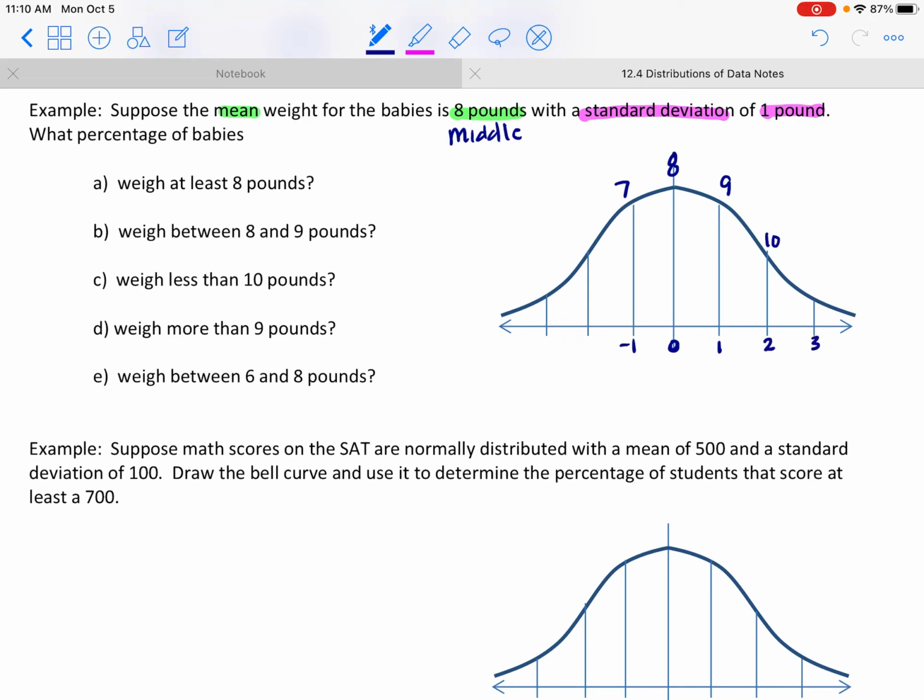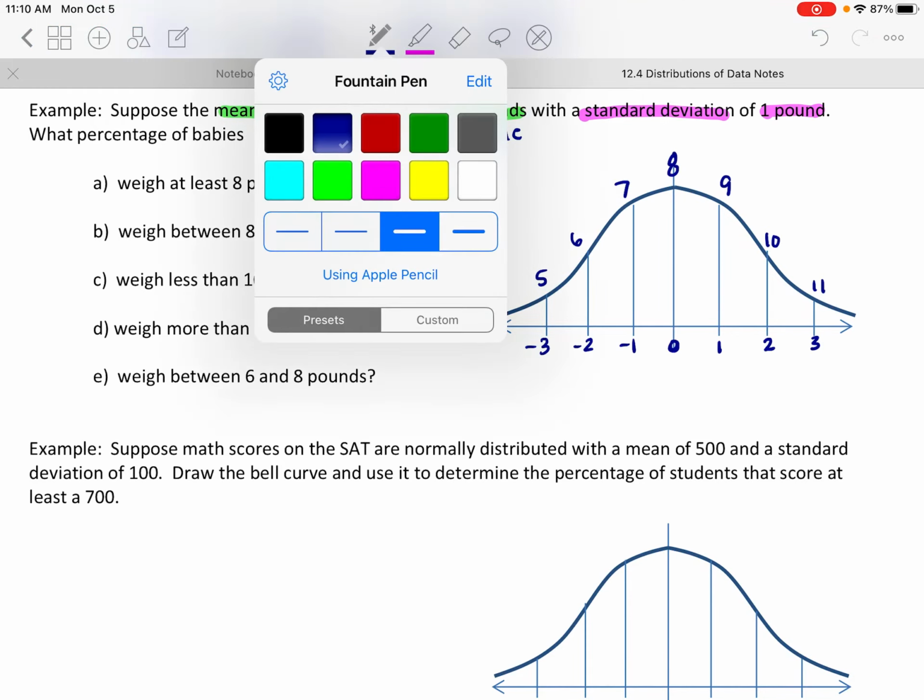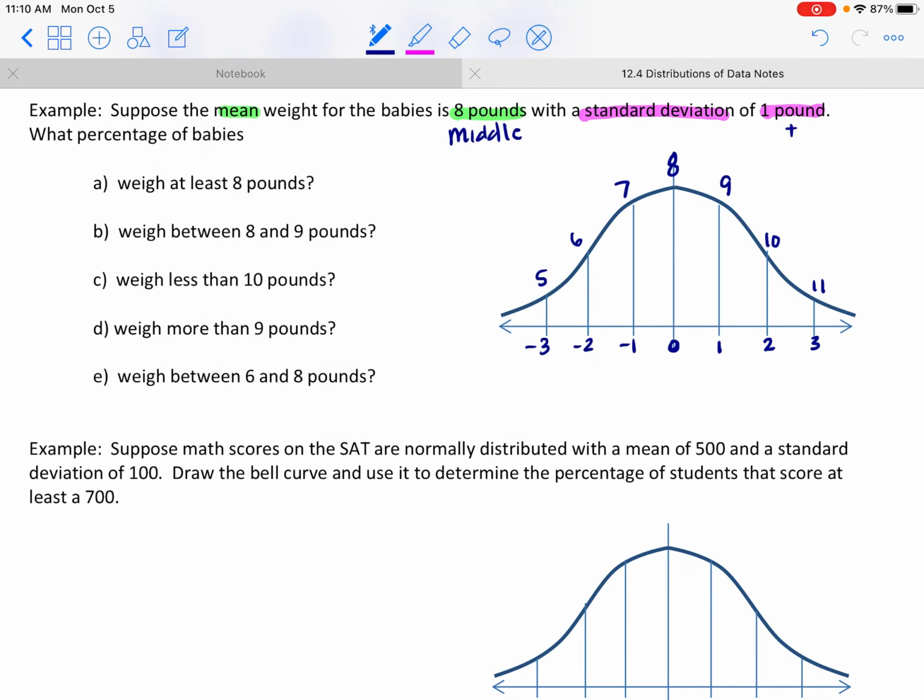If I added it a third time, I'd get to 11. If I subtracted it a second time and a third time, then I'd be to 6 and then 5. So we're going up and down by 1. Okay? Now, according to the empirical rule, we said there would be 68% within that 1 standard deviation.